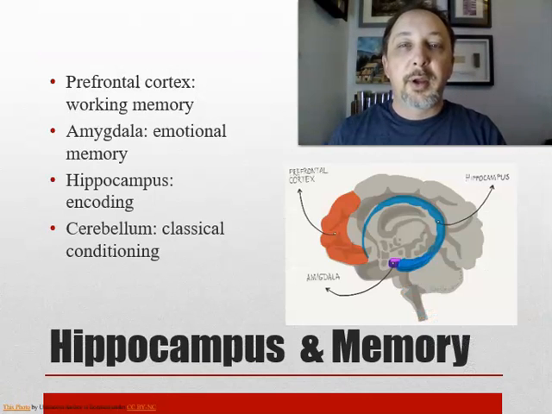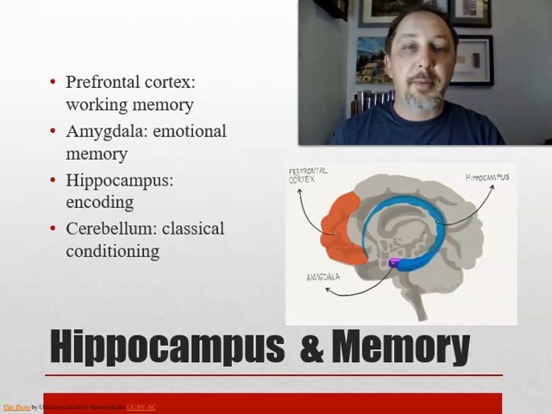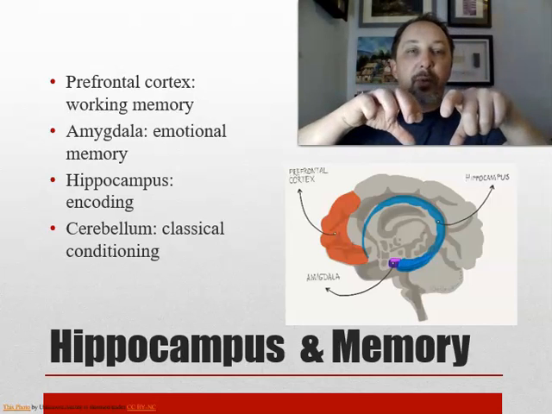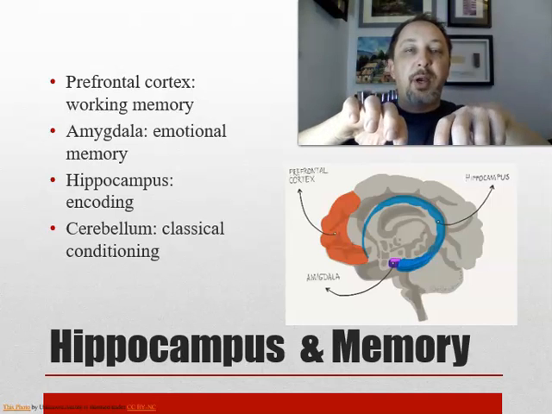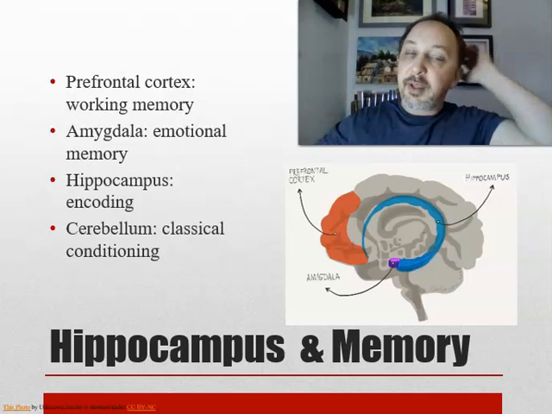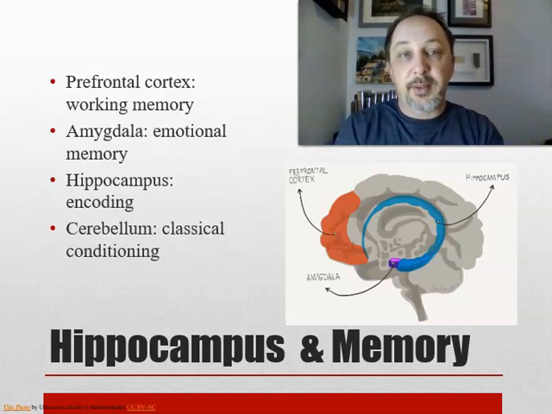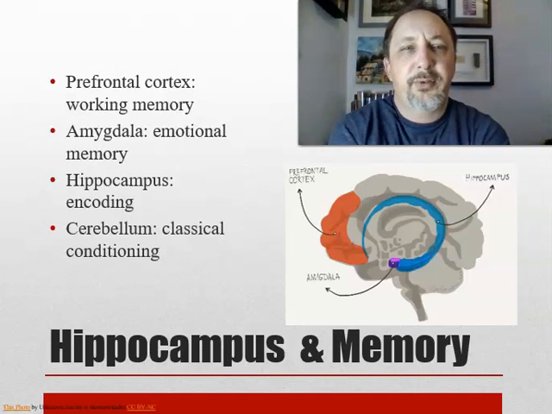Here are our other major areas. Here's our prefrontal cortex, another look at the amygdala, and another look at the hippocampus. All right, so the hippocampus is wrapping around, connected to the thalamus basically, and the amygdala, and these things are deep in the temporal lobe, which is where we associate memory.